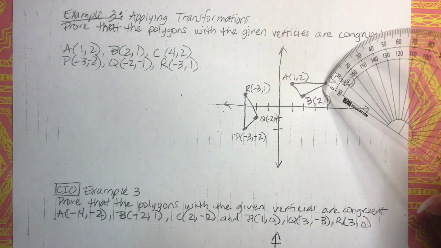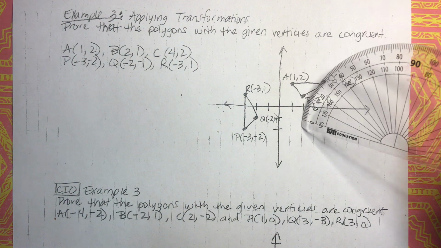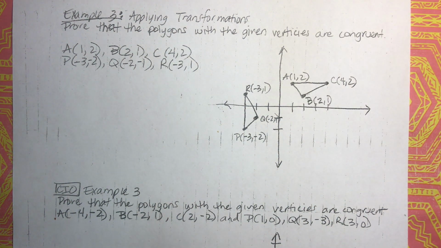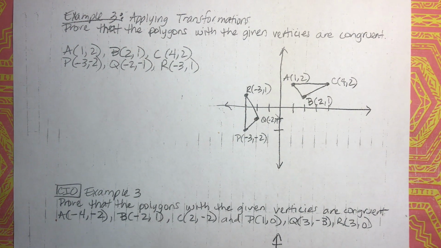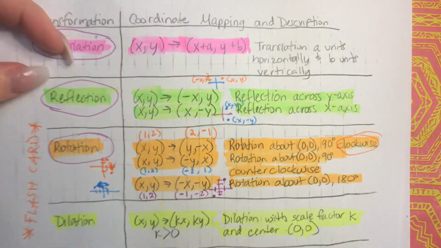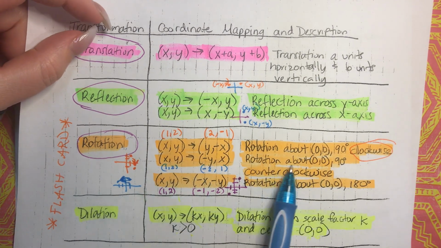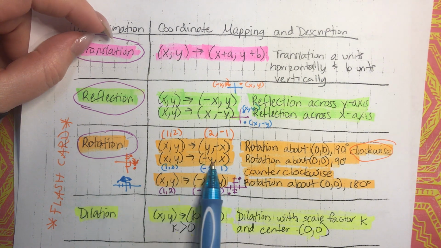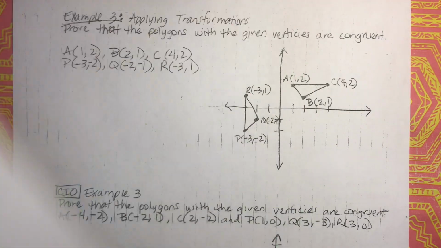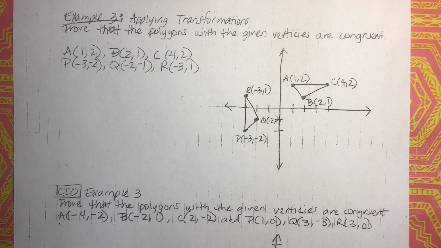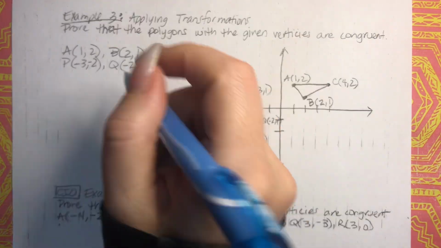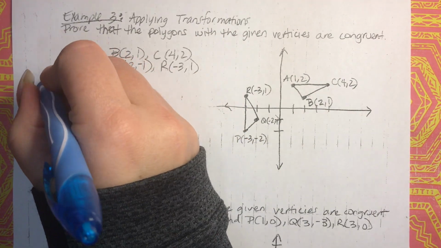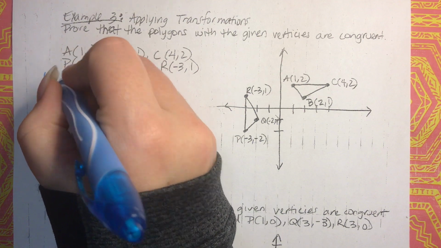So let's go ahead. Do you guys remember what the rule is for the counterclockwise rotation? The rule for the counterclockwise rotation: (x, y) goes to, remember the x and the y rotate spots, but the y is negative. So we think maybe it's a counterclockwise rotation.